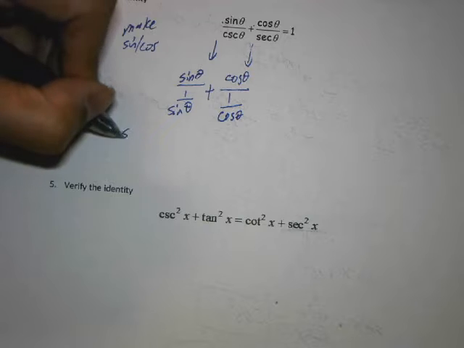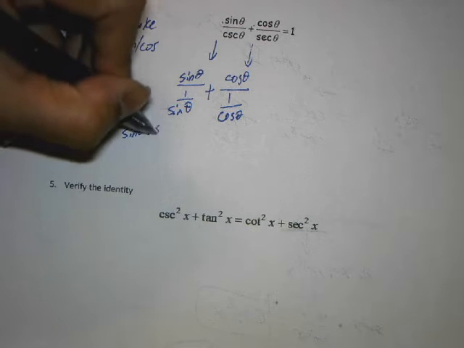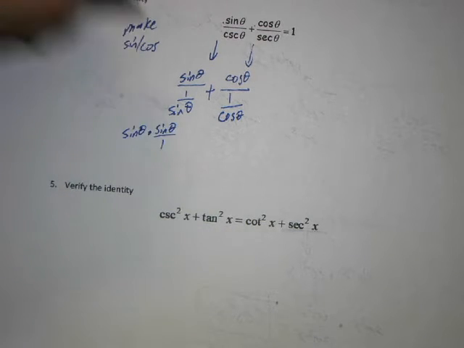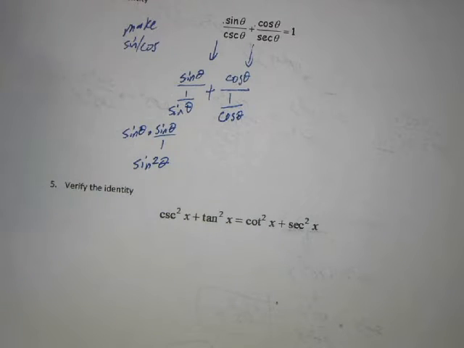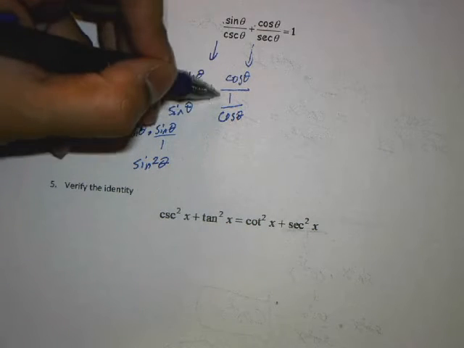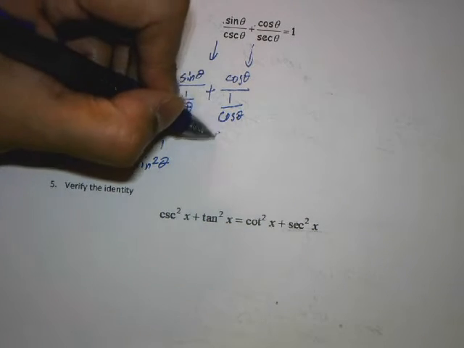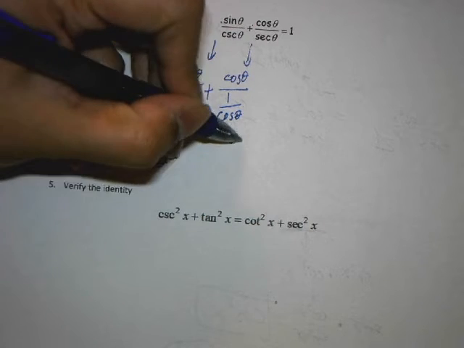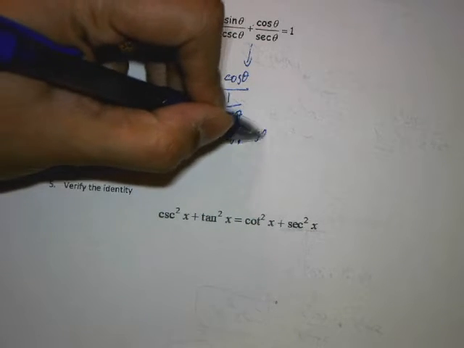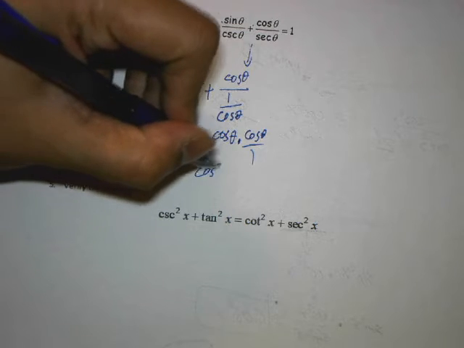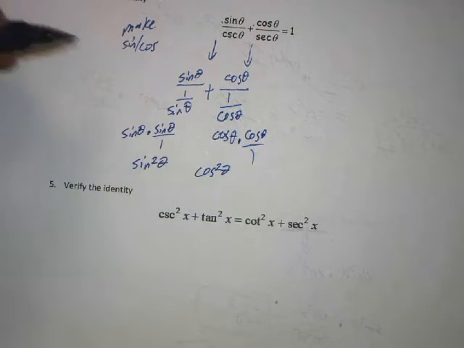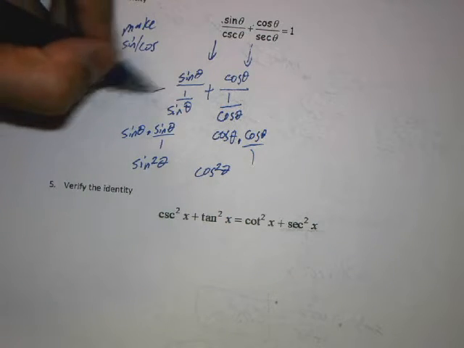So I get sine theta times sine theta over 1, which is just sine squared theta, okay? This one, we can do cosine theta times cosine theta over 1, which then ends up being cosine squared theta, okay? So again, our steps are progressing downwards.